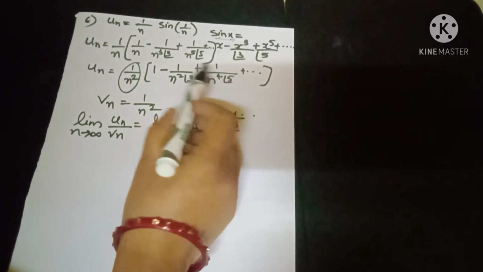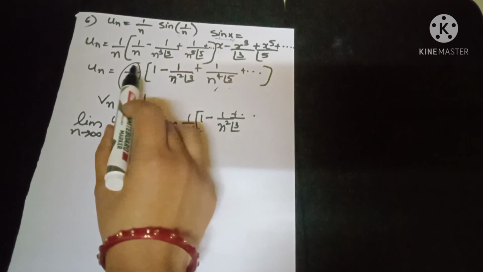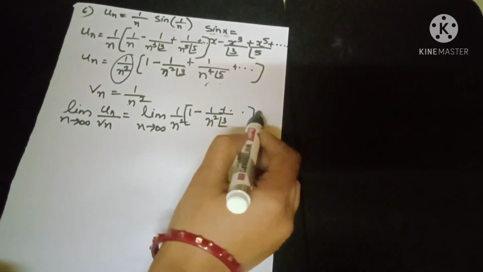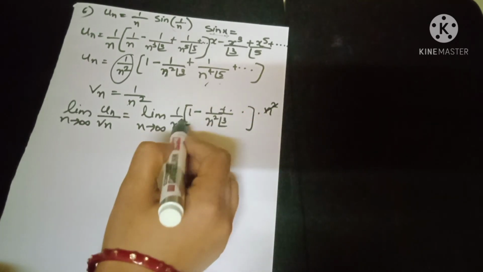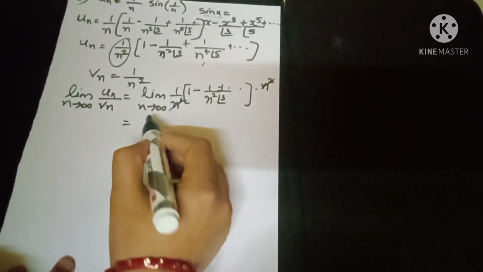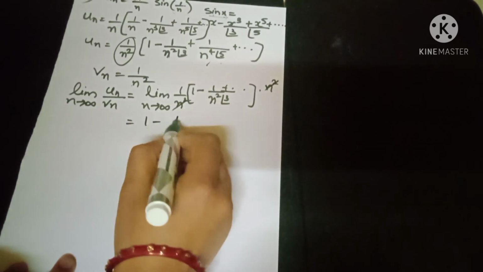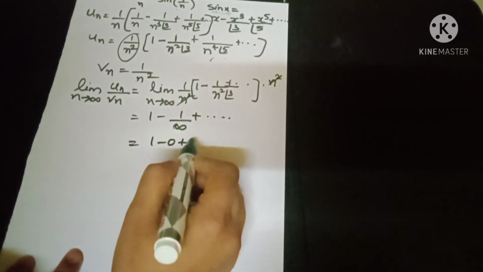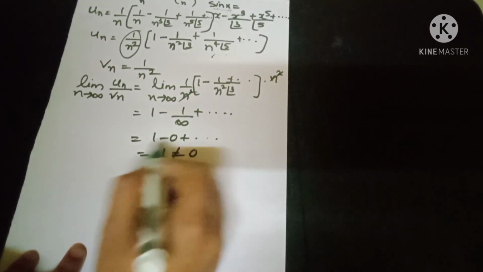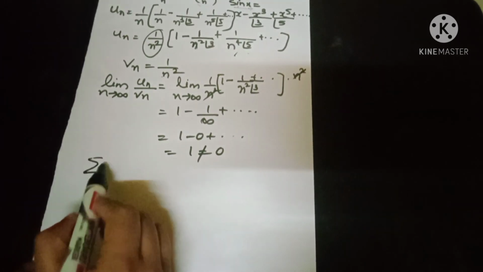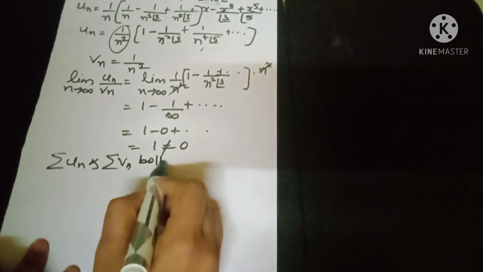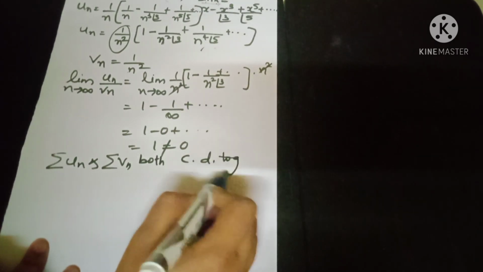And also all the terms are of the form 1 by n, so applying the limit will be easy, and since we have taken Vn as 1 by n square, which goes to the numerator, it gets cancelled with the denominator n square. So after applying the limit, we get 1 minus 0 plus etc., which is 1, which is clearly not equal to 0, and hence series un and series Vn both converge or diverge together.